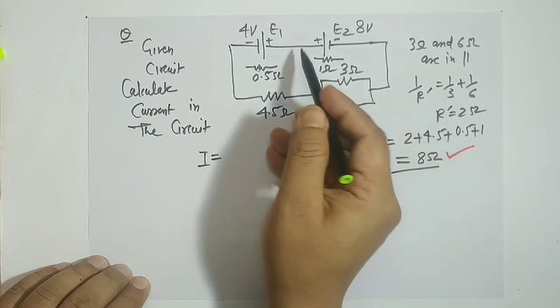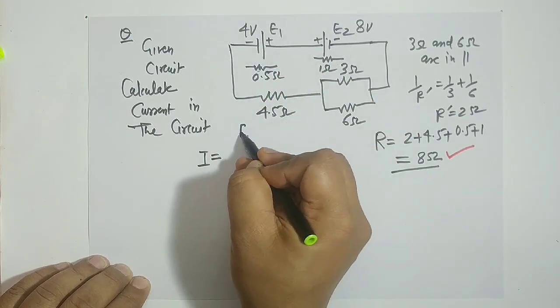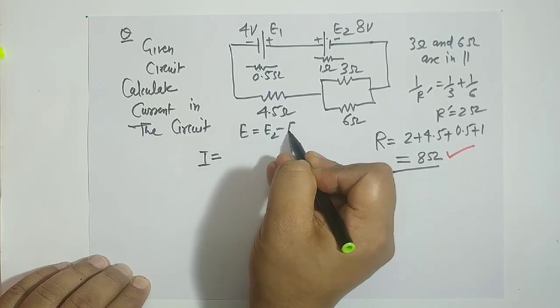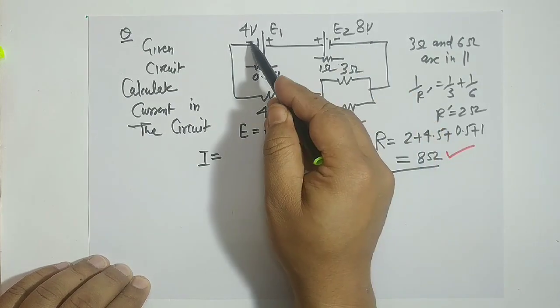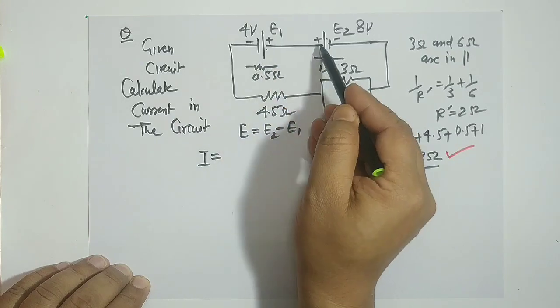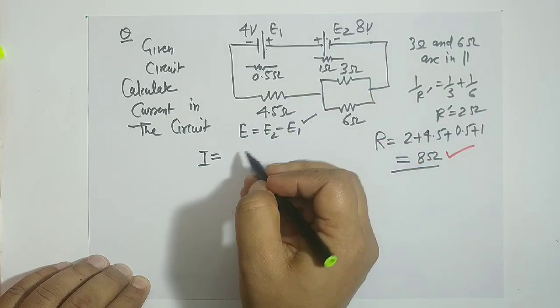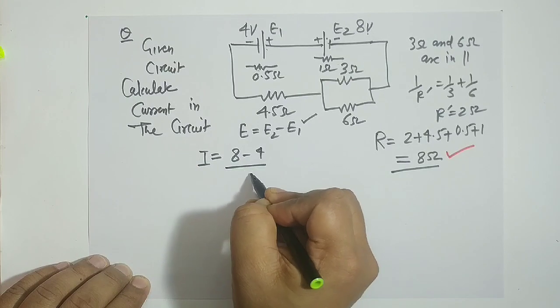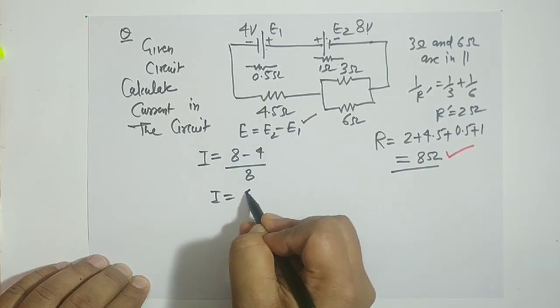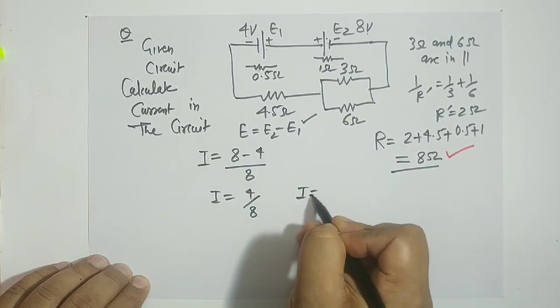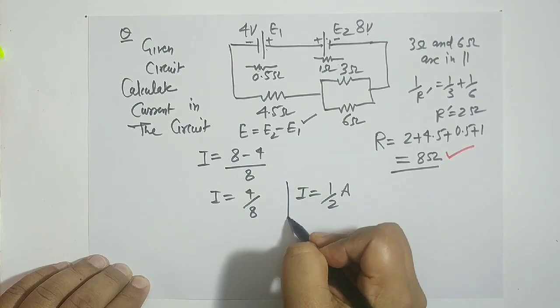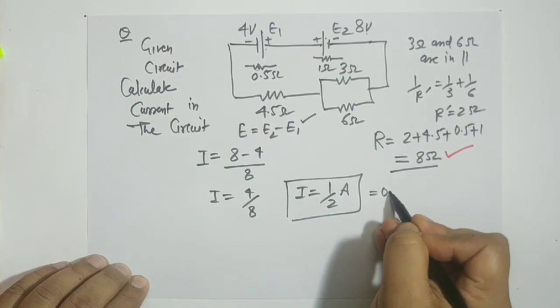Now tell me what will be the net EMF. In this case, it will be E2 minus E1. Can you tell me why? Because 8 volt is greater than 4 volt and the like terminals are connected. Already we have discussed this. So 8 minus 4 by 8, so it will be 4 by 8. The current in the circuit is 1 by 2 ampere or 0.5 ampere.